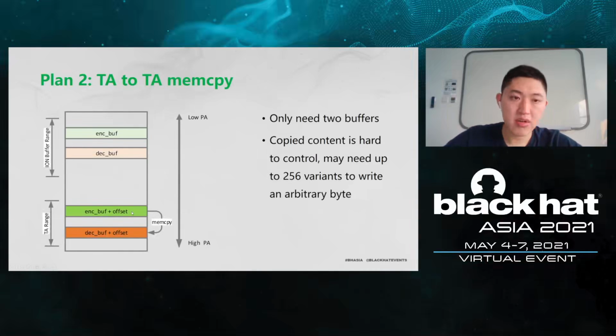However, as we don't have the method to control the TA, we will need to find up to 256 variants. We need this many different bytes of different values, so we can do an arbitrary byte write. That is also very difficult.